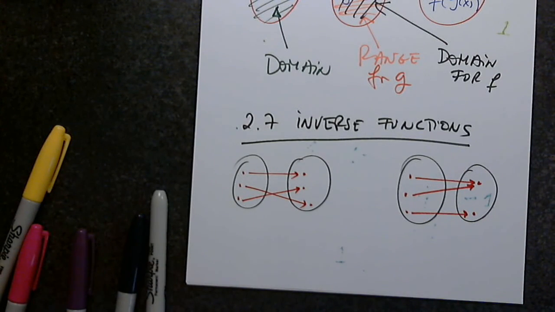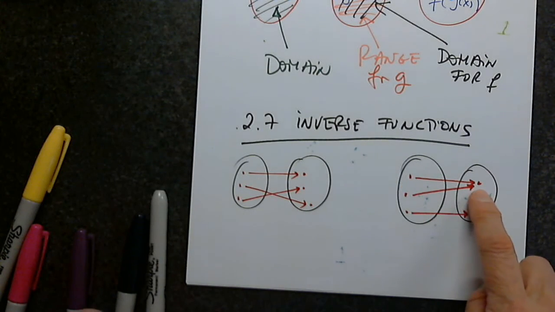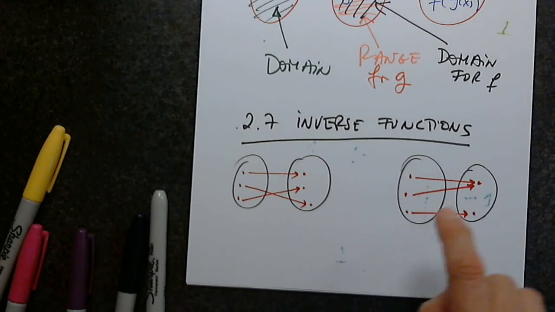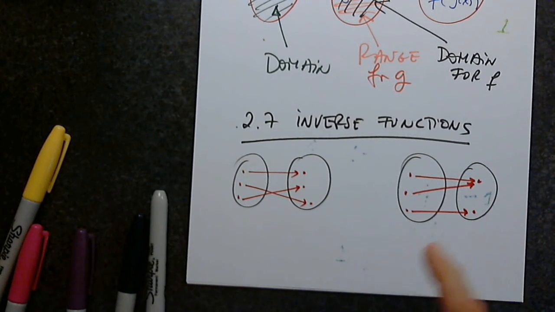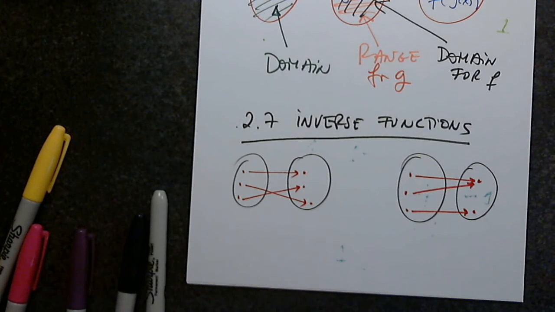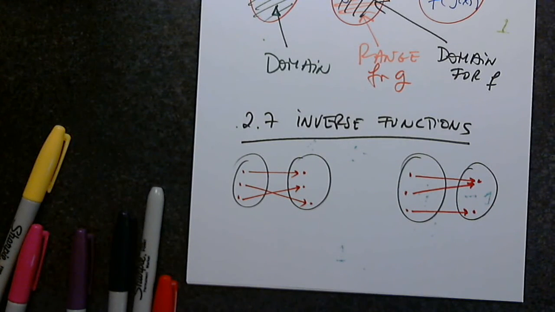Is this a function? The answer is yes, because each x value corresponds to one y value. But these two are very different. One of them has a very important property that the other one does not. So here's the property before we talk about it.